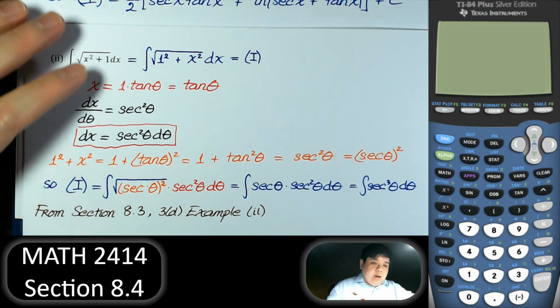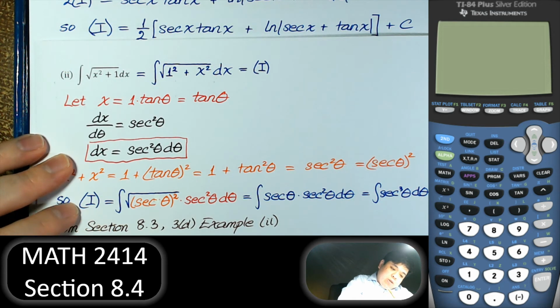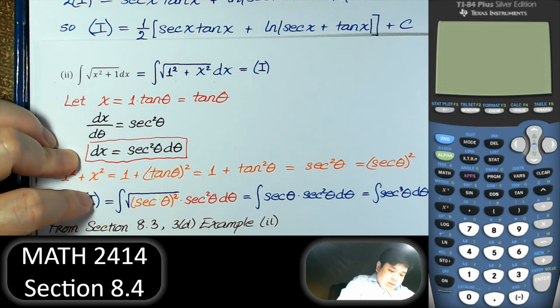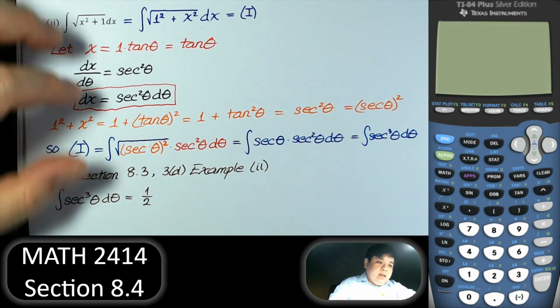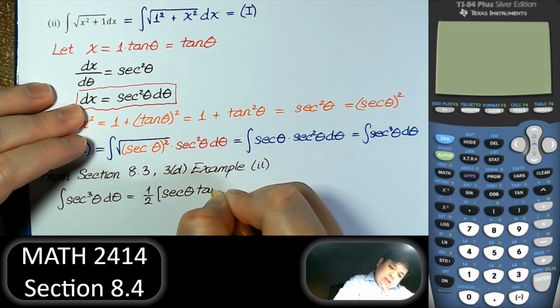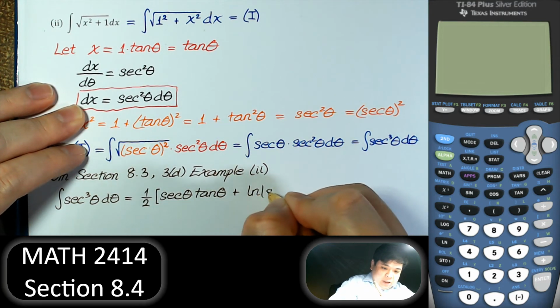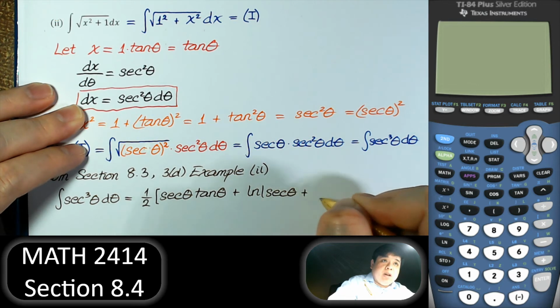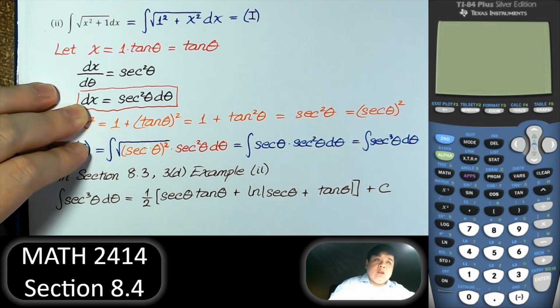So from that, we have the integral of secant cube is 1/2 secant tangent plus ln of secant plus tangent, plus constant c.